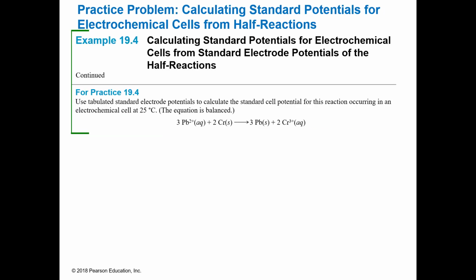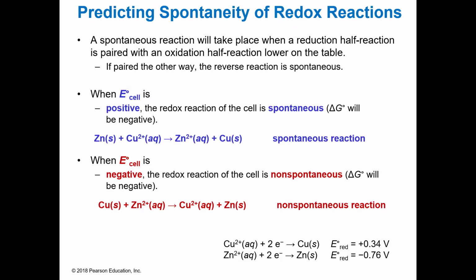All right, let's go. So here's where I've been talking about it. Now we're actually going to predict it. For a spontaneous reaction to occur, the standard cell potential has to be positive.